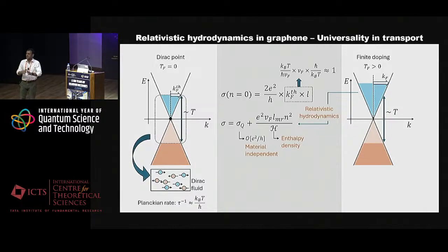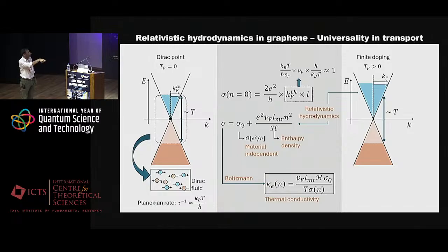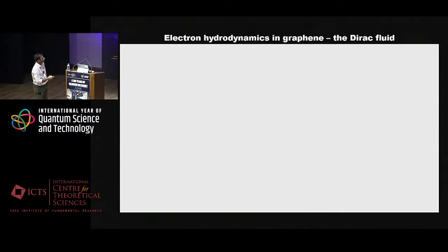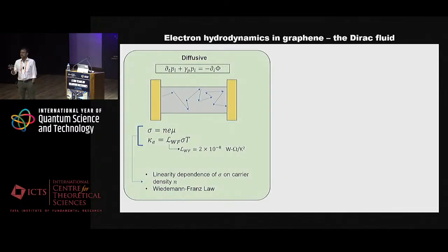If you use this system and do the Boltzmann formalism, you can get the thermal conductivity from the electrical conductivity as well, where the thermal conductivity kappa is inversely proportional to the electrical conductivity, which is unusual.